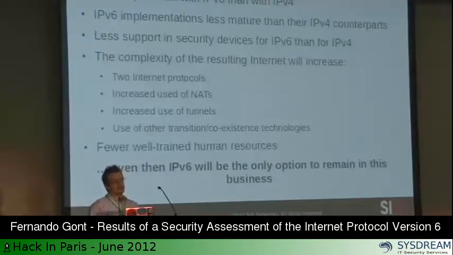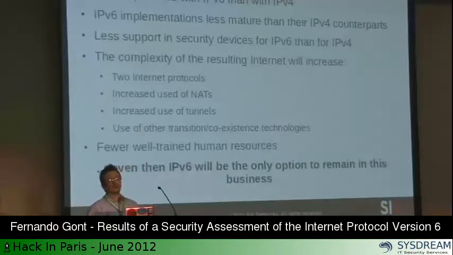Another important aspect, particularly for the people working in the operations area, is the support that you can find in security devices. Let's say that you take a look at a firewall or any other security device. It's very likely that that device has this and that security feature. And if you look at the number of features that the same device has for IPv6, in many cases you will find that there is no IPv6 support at all.